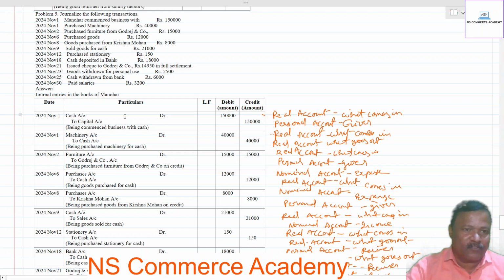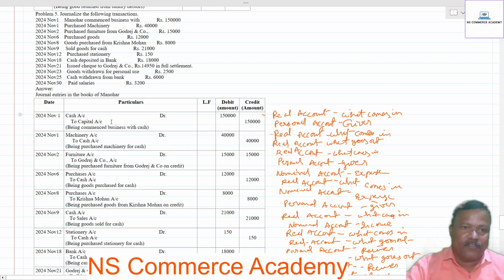For a real account, the rule of entry is: what comes in, debit; what goes out, credit. Here the cash is coming in, so we are debiting it.